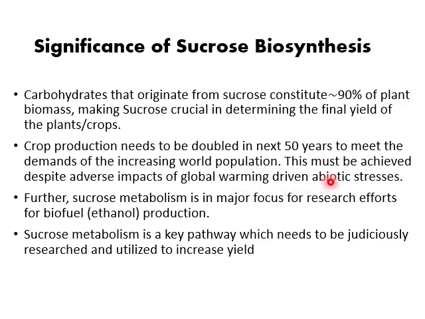So, despite all these drawbacks, or you can say problems, we need to increase our agriculture production. So sucrose metabolism can be a major focus of research efforts which can be undertaken to achieve these targets.